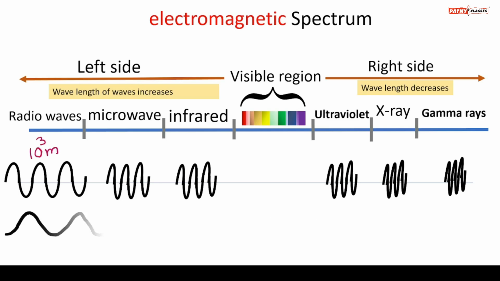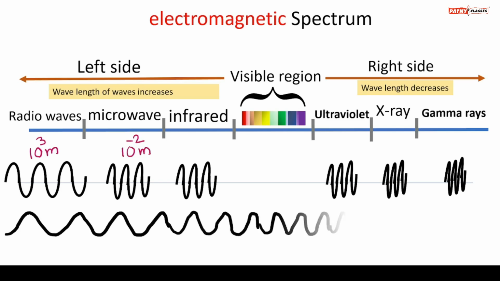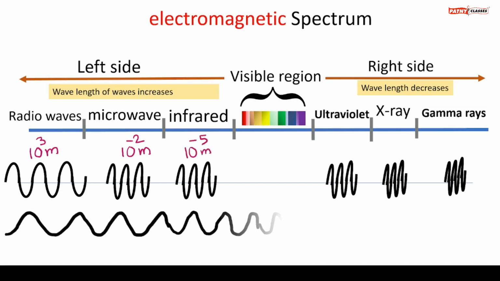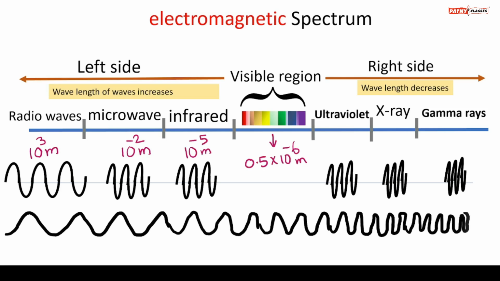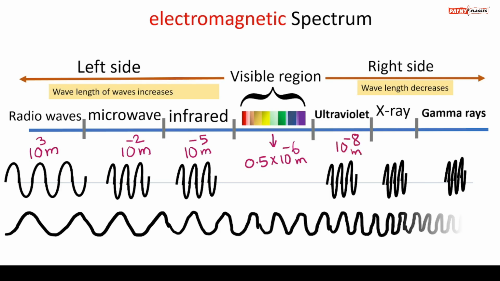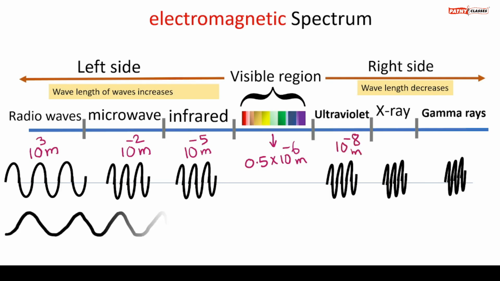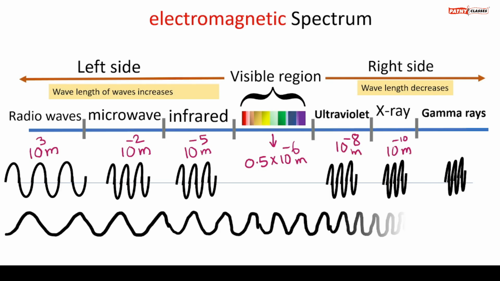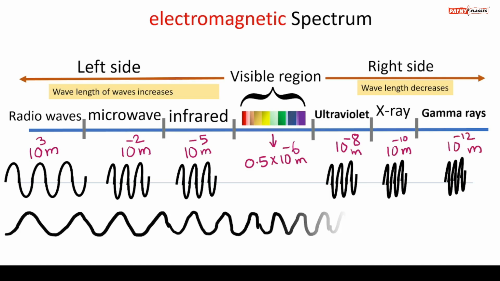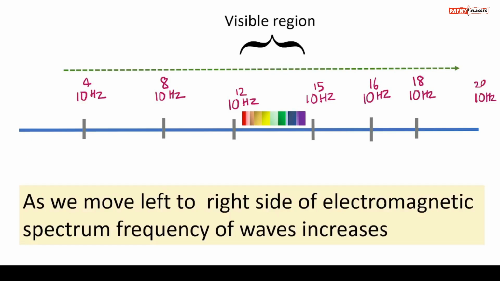For radio waves, 10 raised to 3 meters, and for microwaves, 10 raised to minus 2 meters, and for infrared, 10 raised to minus 5 meters, and for the visible region, 10 raised to minus 6 meters, and for ultraviolet rays, 10 raised to minus 8 meters, and for X-rays, 10 raised to minus 10 meters, and for gamma rays, 10 raised to minus 12 meters. And as we move from left to right of the electromagnetic spectrum, the frequency of waves increases.